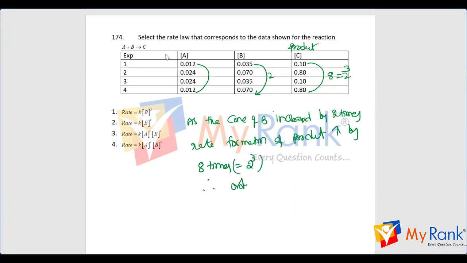Therefore, the order with respect to B is 3. Order with respect to B is 3. This is the third order reaction.